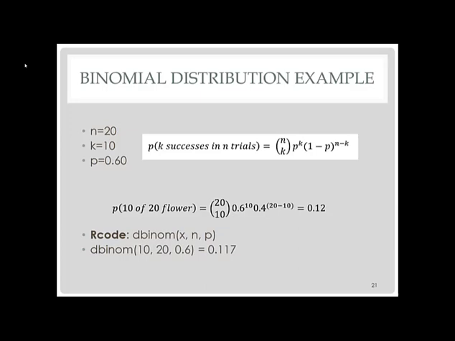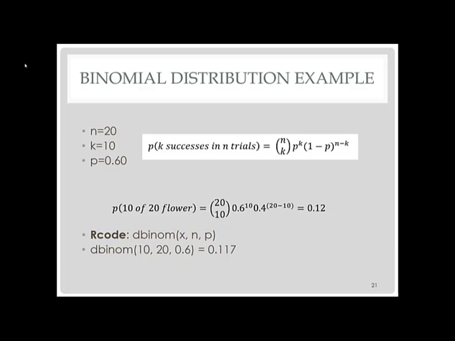So we have 20 choose 10, 0.6 raised to the 10, multiplied by 0.4 raised to the 20 minus 10, or 10, and we get a probability of about 0.12, or 12% probability.